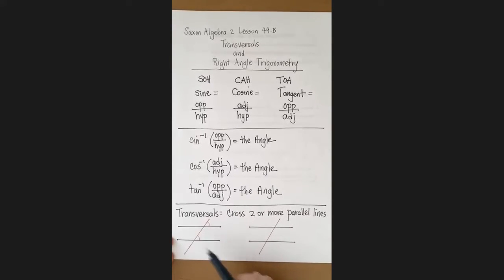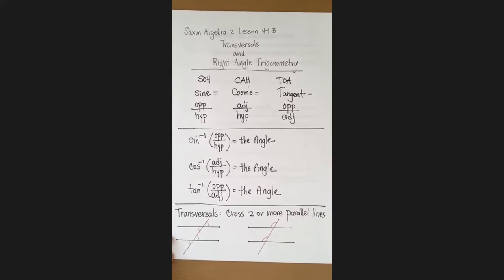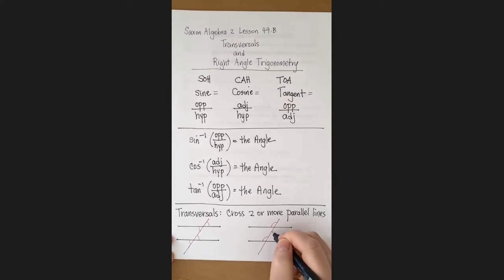So these are equal because of the transversal, and these are also equal because they're vertical angles. And all the big angles, or large angles as your book says, are equal because of the transversal, and these are equal because they are vertical angles.